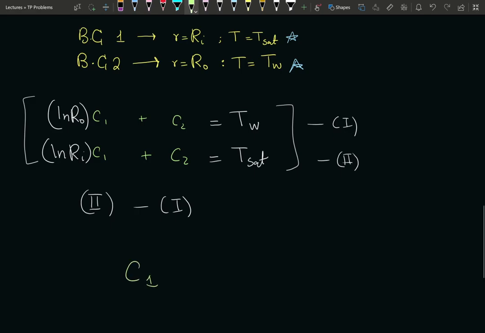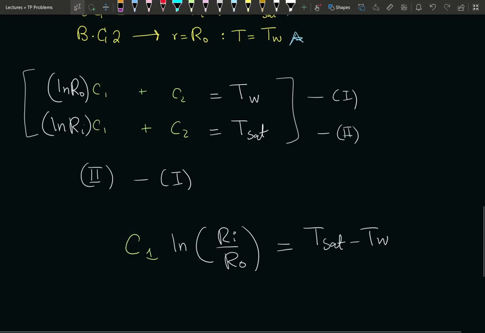I'm subtracting the top one from the bottom one. Please grab a pencil and paper and do the algebra with me. This becomes equal to T_sat minus T_W.